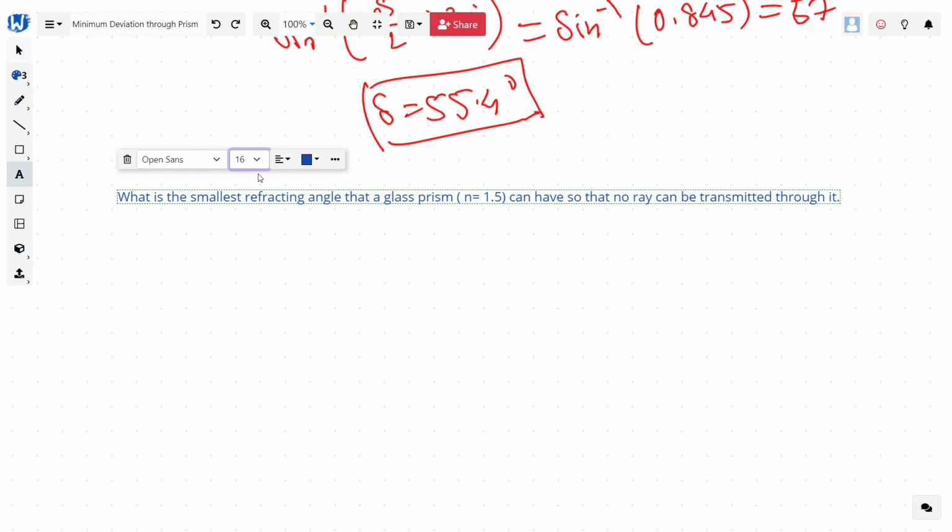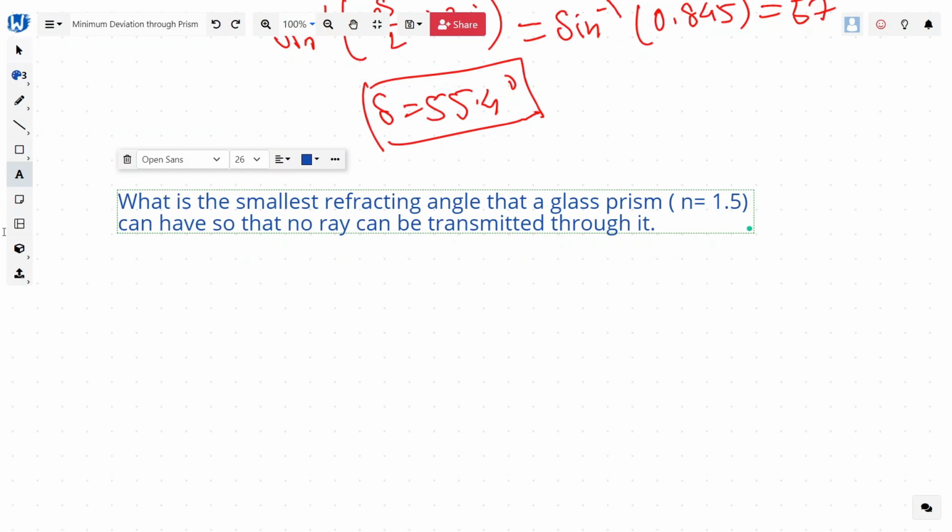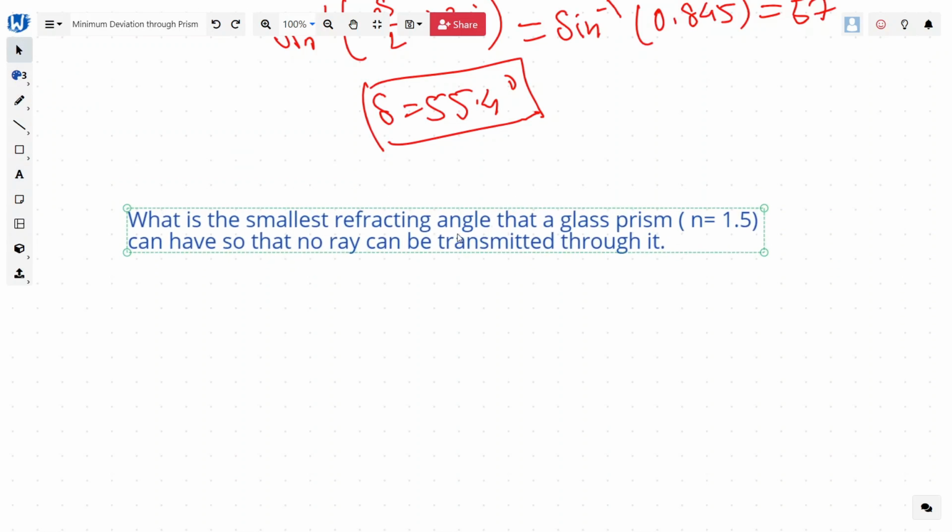Now, as you can see, it is not a very simple problem, but we have a slight complication coming in here, and this is how you can create problems like that.